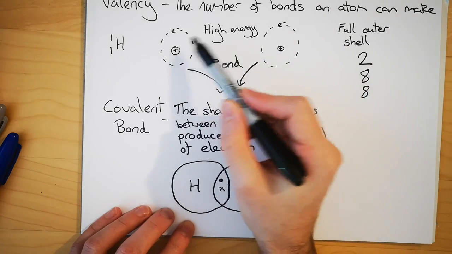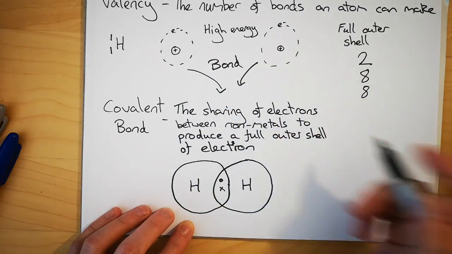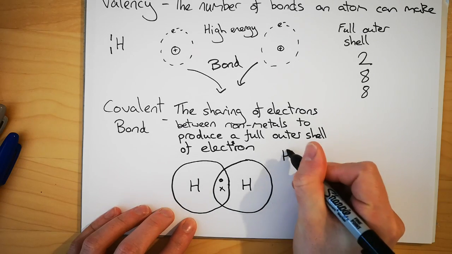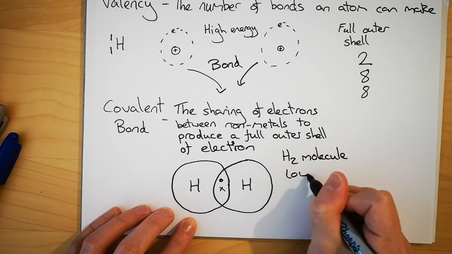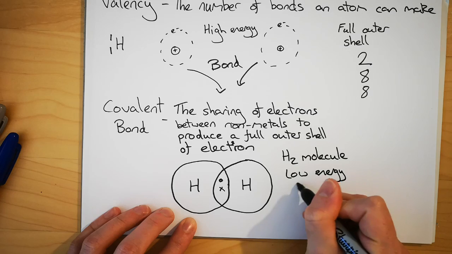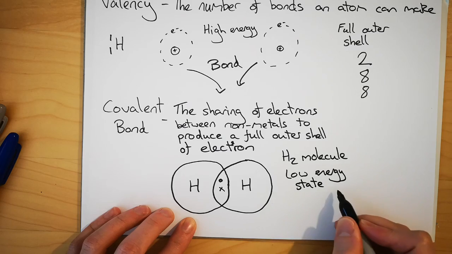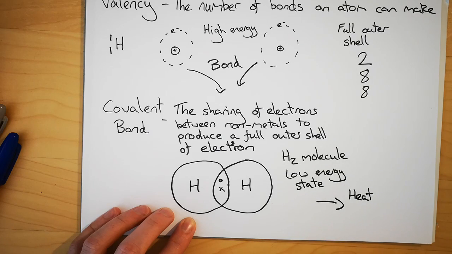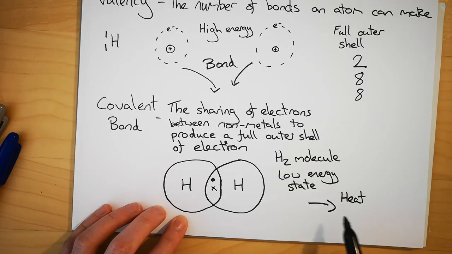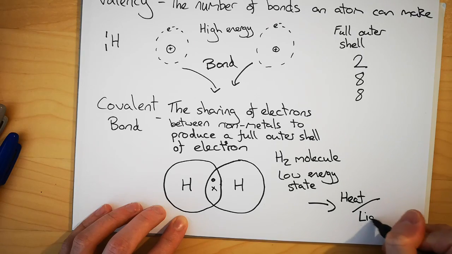Now, as these two separate atoms were in a high energy state, this bonded H2 molecule will be in a low energy state. Now, that energy's got to go somewhere. That energy has left as heat, really the vibratory motion of atoms, or as electromagnetic radiation, and we usually say heat or light.